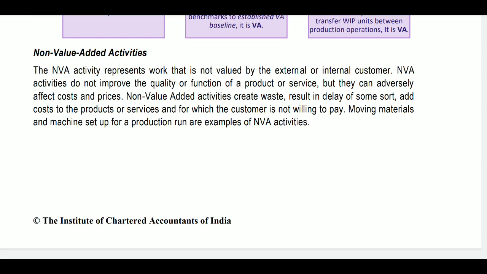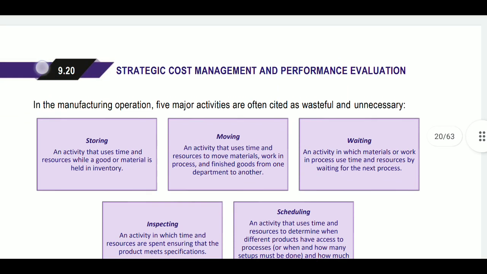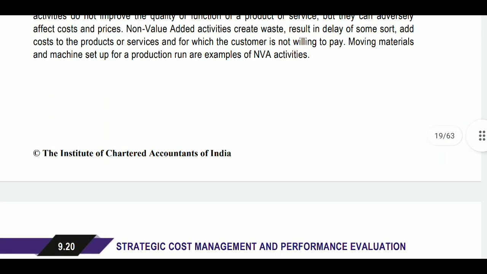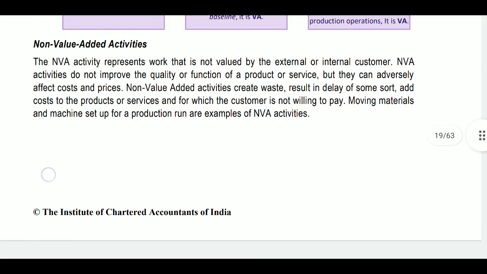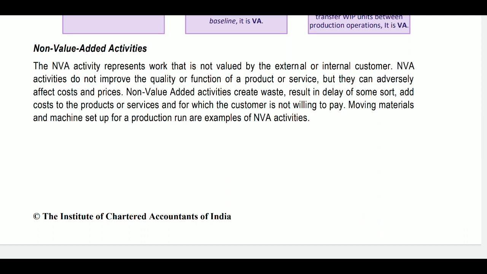Next, what is meant by non value added activity? Non value added activity is wasteful work. It does not add value for external or internal customers, and it does not improve the quality or function of products or services. It adversely affects cost and prices. This activity creates waste and results in delay or some sort of cost, for products or services which the customer is not willing to pay for.